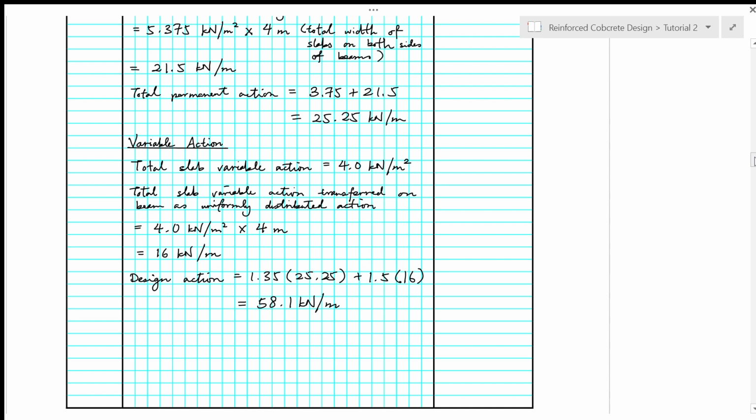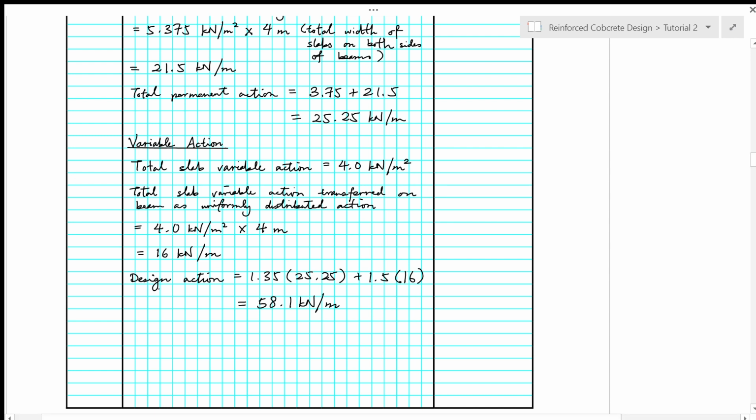The width of the area is the same, 4 meter, and 4 meter multiplied by 4 kilonewton per square meter gives 16 kilonewton per meter length. That is going to be transferred as uniformly distributed action on the beam.